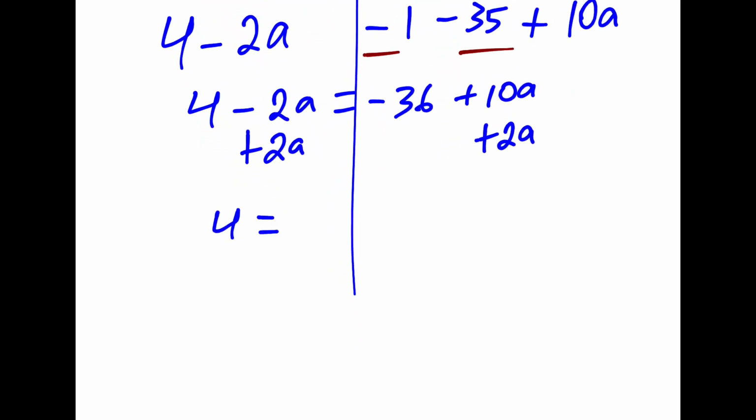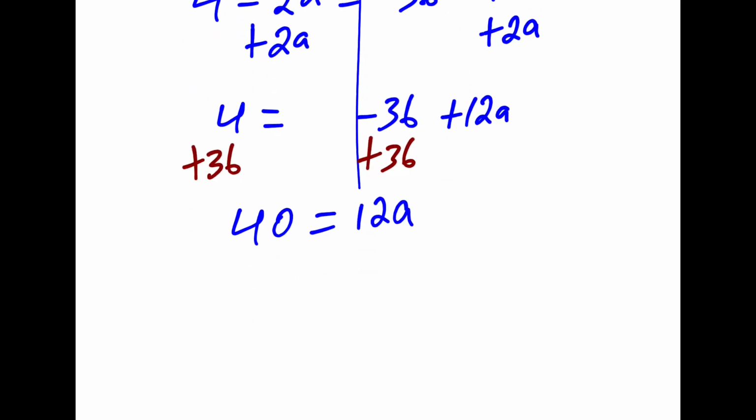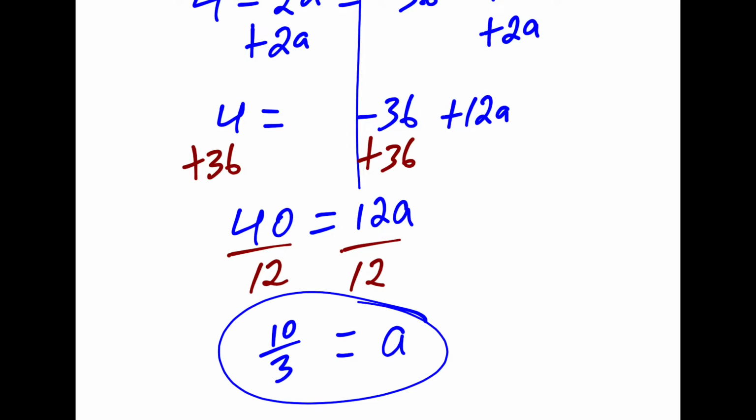I have 4 is equal to -36 plus 12a. Next up, I might add 36 to both sides. This gives me that 40 is equal to 12a. Then the last step is to divide by whatever's in front of the variable. Now I can simplify that fraction a little bit, and this will be 10/3 if I divide both by 4.